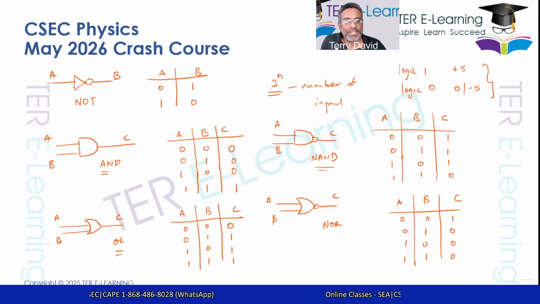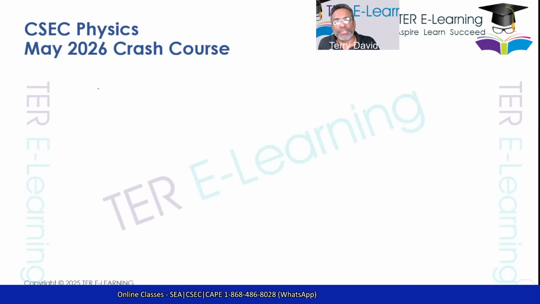Right? So let me give you one simple thing here. All right. Let's do a combination. Let's say I have an AND gate here.